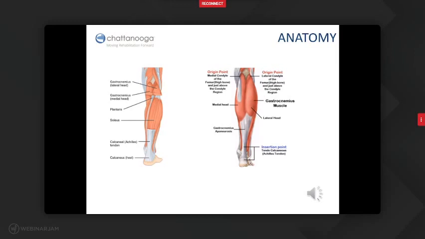You can see the medial gastrocnemius muscle and the lateral gastrocnemius muscle. On the left picture, you can see the plantaris muscle and the soleus muscle, that is the deep layer of the sural triceps.